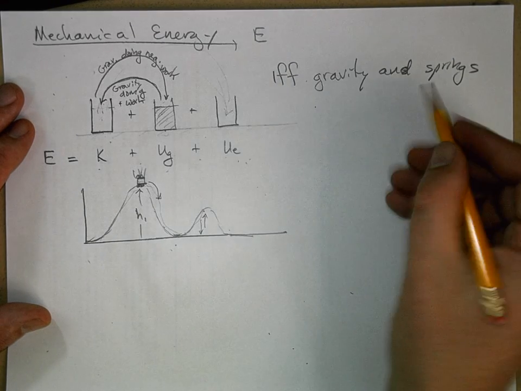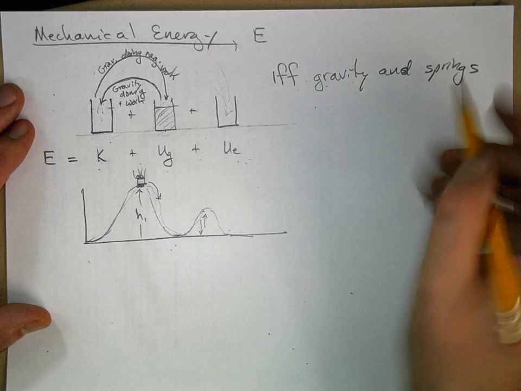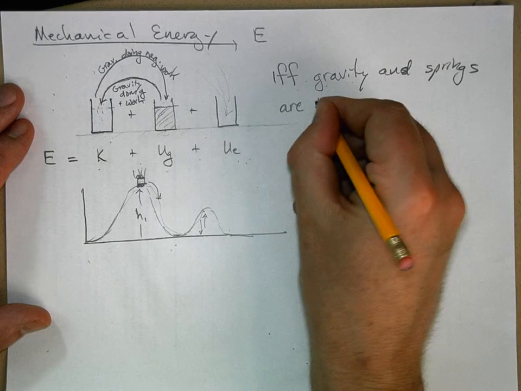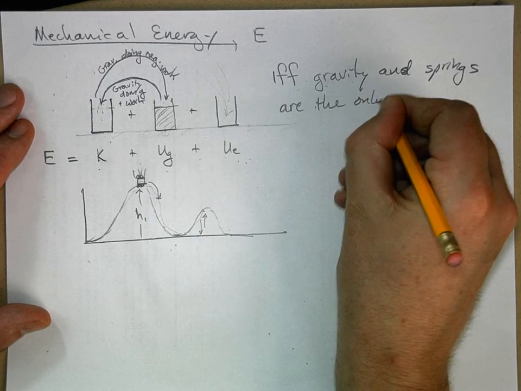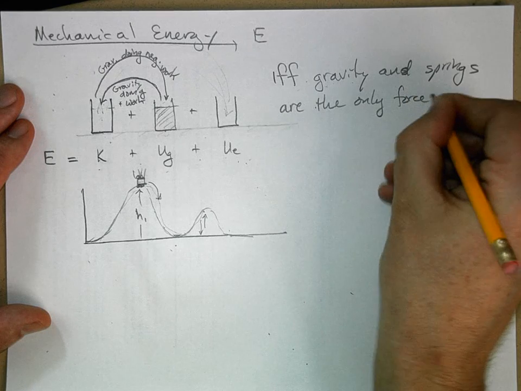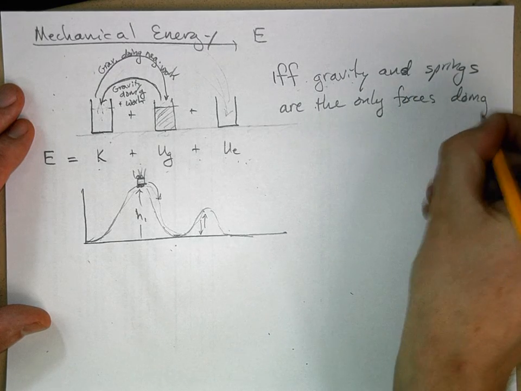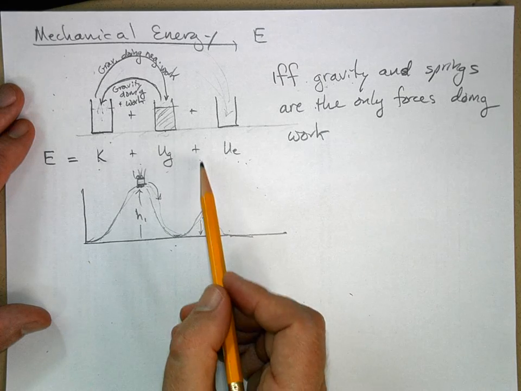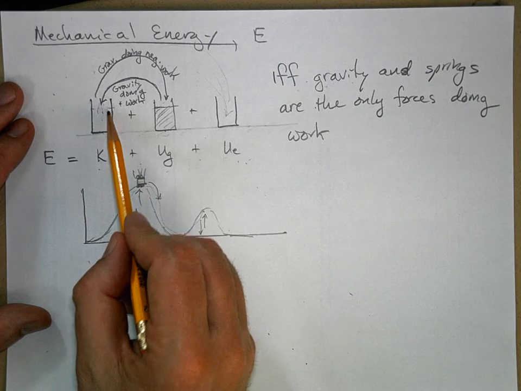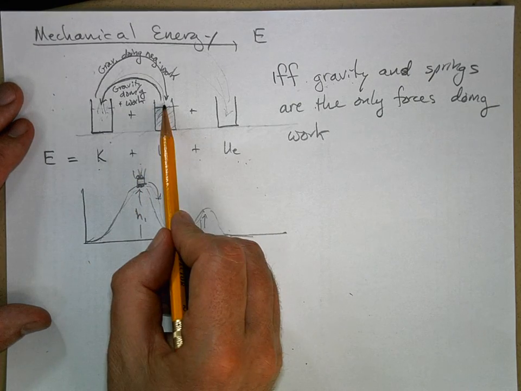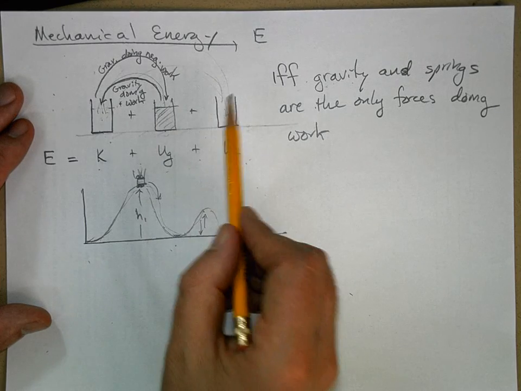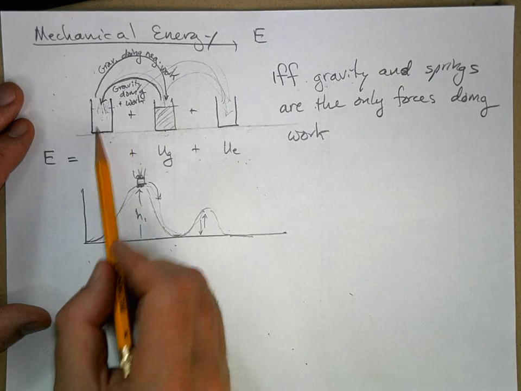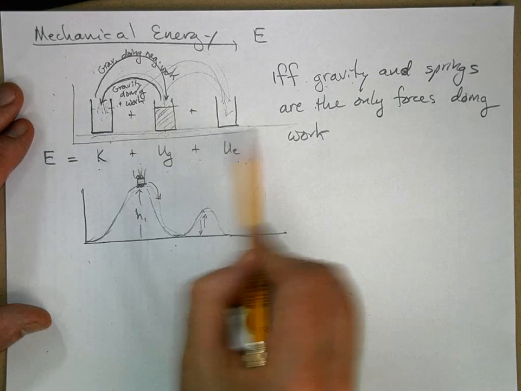If and only if gravity and springs are the only forces doing work, all you're doing is transferring energy from kinetic energy to gravitational or elastic energy or back and forth, but the sum of all of these doesn't change.